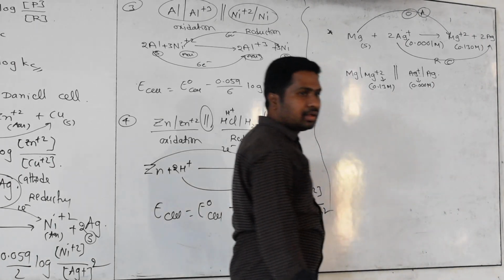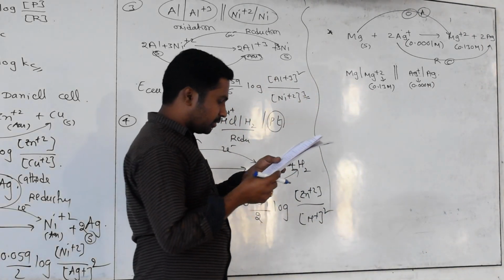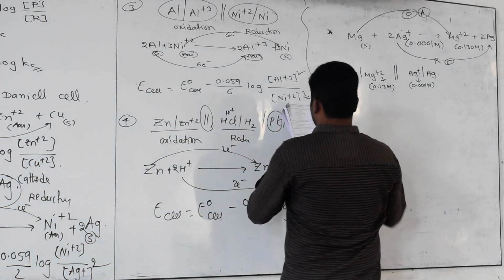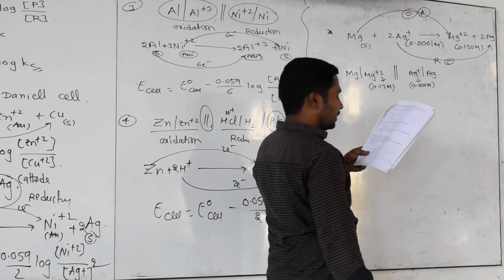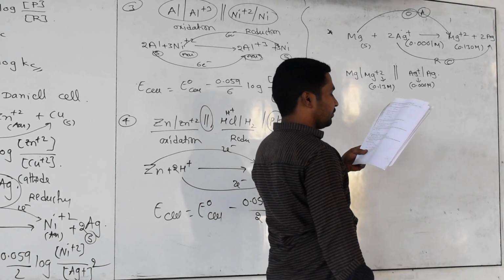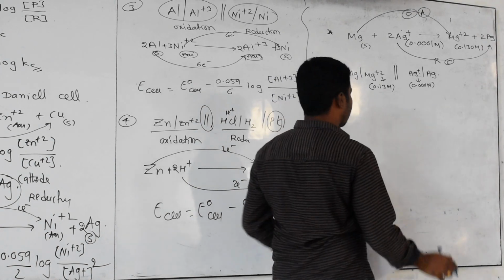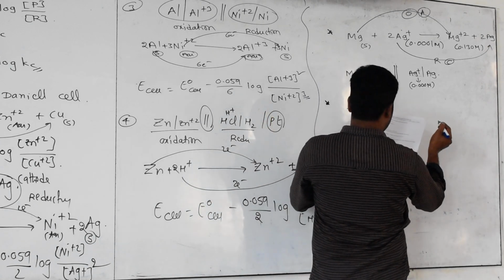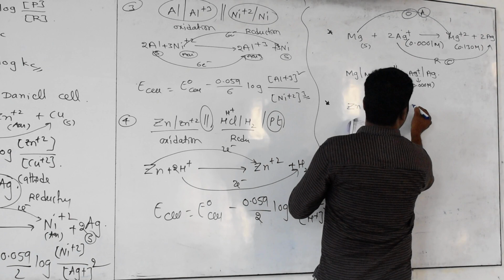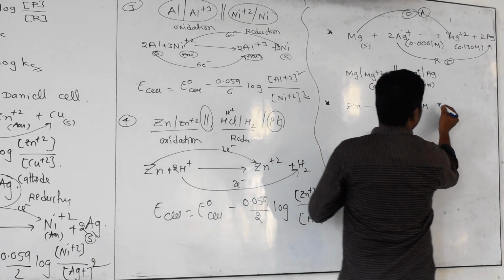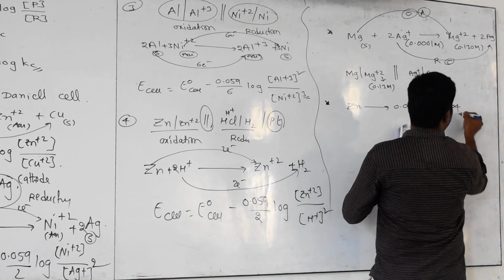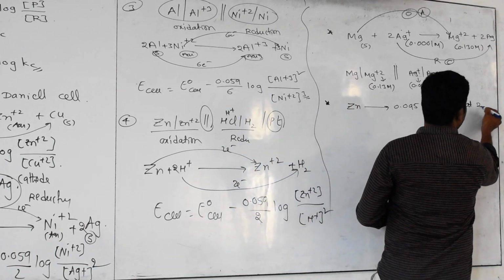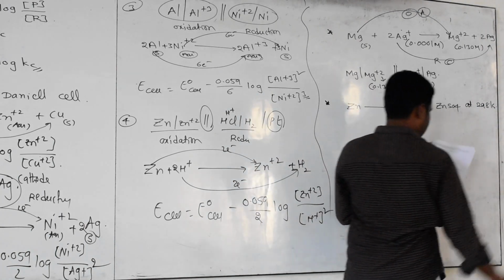That's it. Now I am giving one question, try to do this one. A zinc rod is dipped in a 0.095 molar solution of zinc sulfate at 298 kelvin.